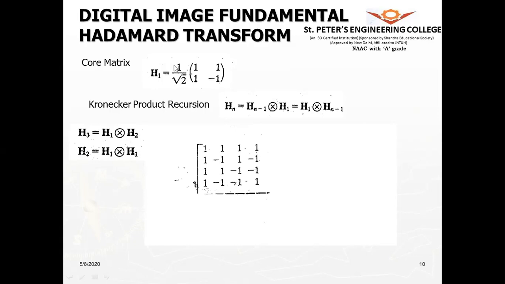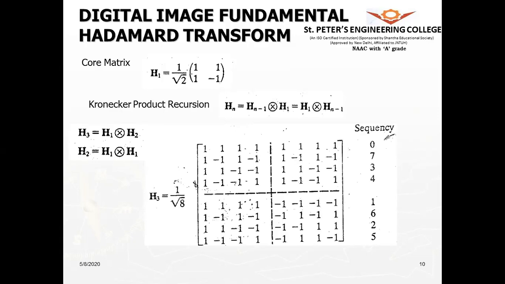Of course, the 1 by 2 has to be multiplied by 1 by 2. And since we were looking for H3, all the different rows and columns will be obtained, thereby all the different elements are obtained. And since there are 3 stages, we'll have 1 by root 2, 1 by root 2, 1 by root 2. That will be 1 by root 8. So this is the Hadamard transform for stage 3, an 8 by 8 matrix.